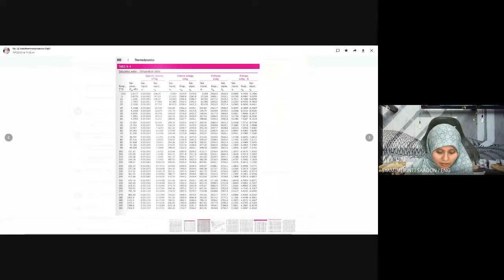And at the exit, at 25 degrees Celsius, the water is still in liquid state, which is 104.83.